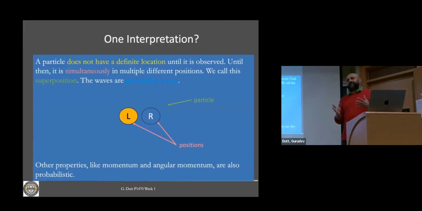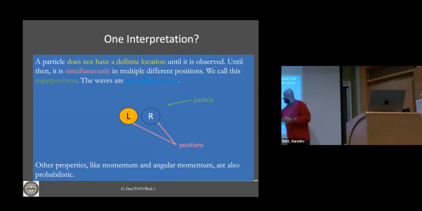And one interpretation that is often used, and we'll refer to it as well, is that the particle, the photon, for example, does not have a location until it is observed. Like until the point when it hits the detector, it has no definite location. Until then, all you can do is describe it through these waves, these probability waves, like the ones that Schrodinger incorporated or implemented in a Schrodinger wave equation.